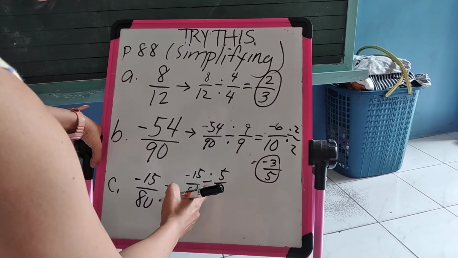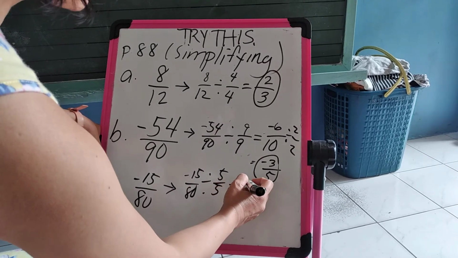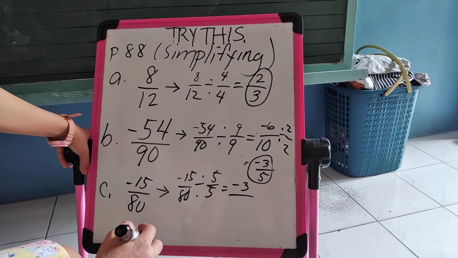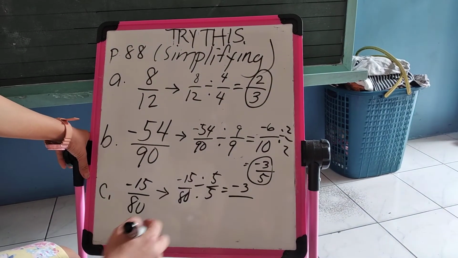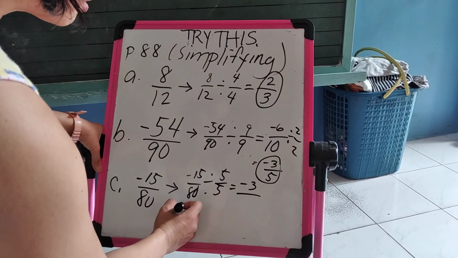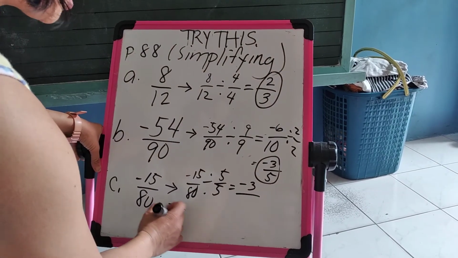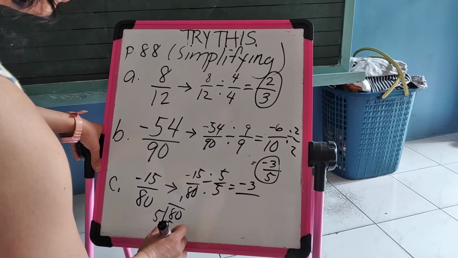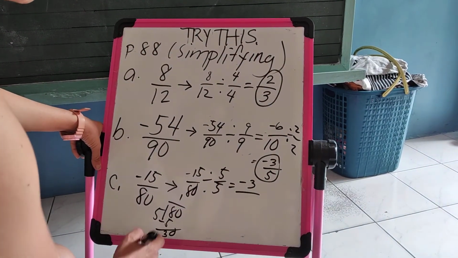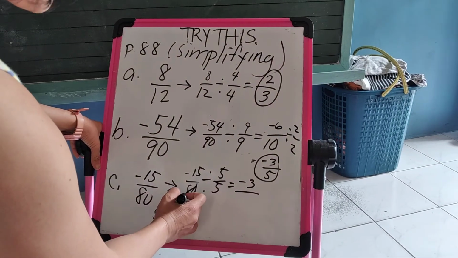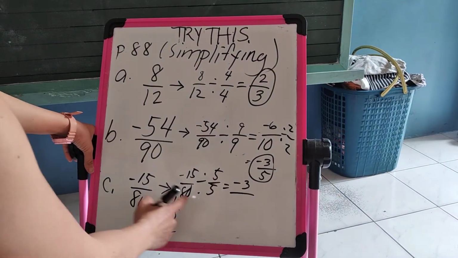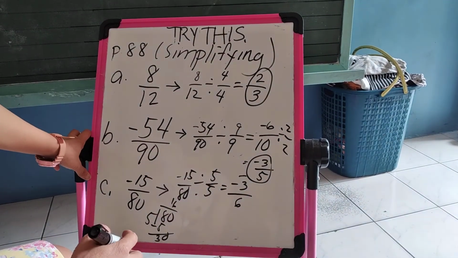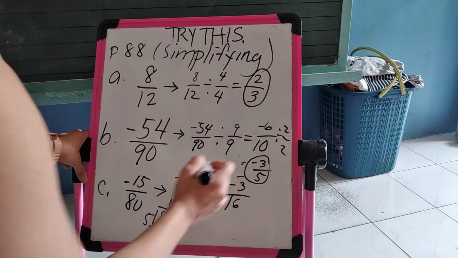So negative 15 divided by 5 is negative 3. 80 divided by 5, if you don't know, just divide. I hope you master this division by now. So 30 divided by 5 is 6. So 80 divided by 5 will give you, oops, sorry, 16.